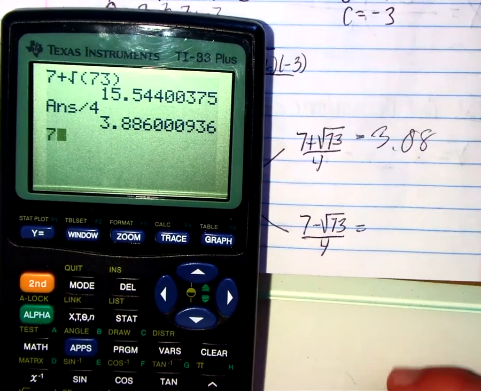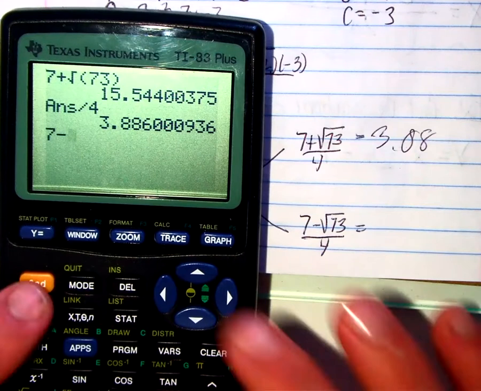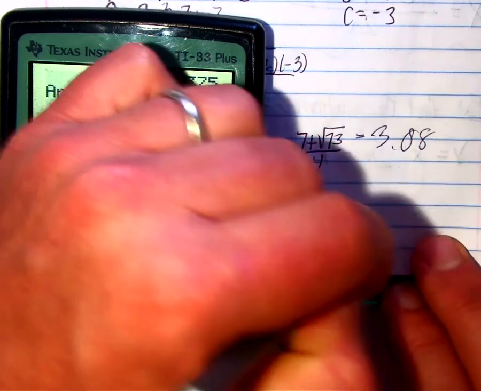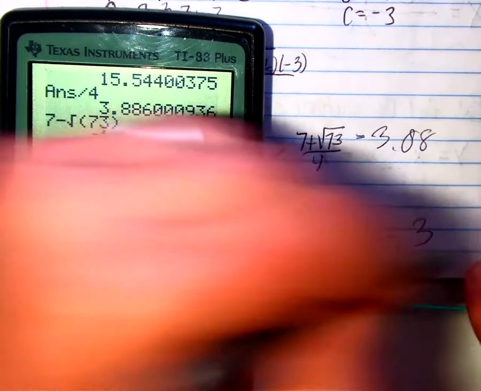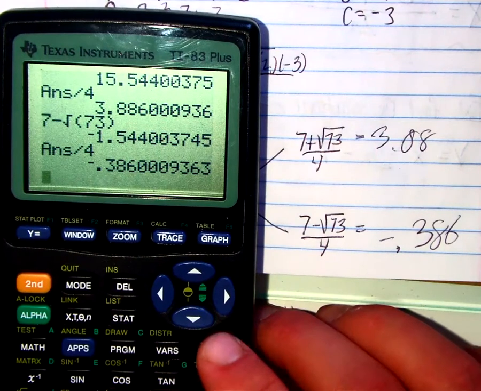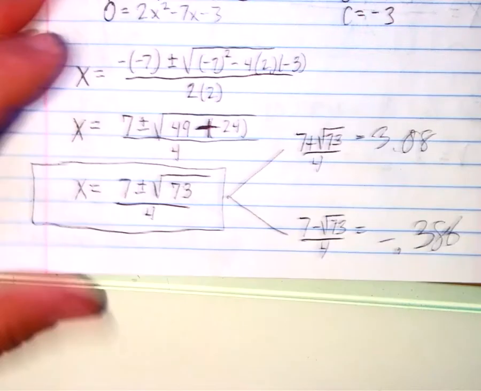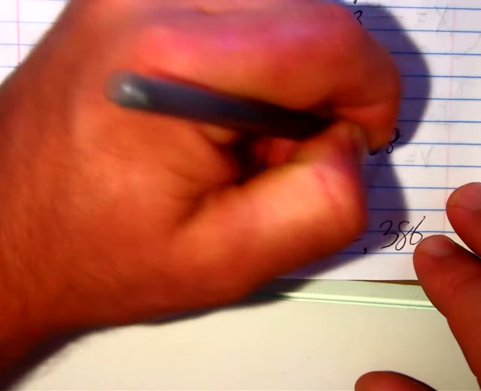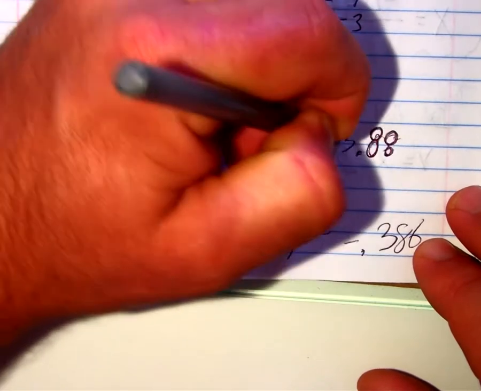So 7 minus the square root of 73 divided by 4, -0.386. All right. So those are my 2 answers.